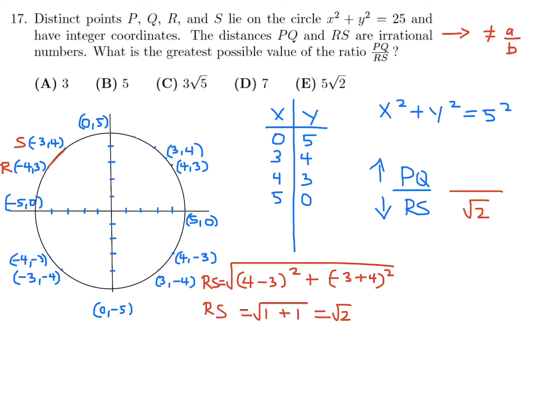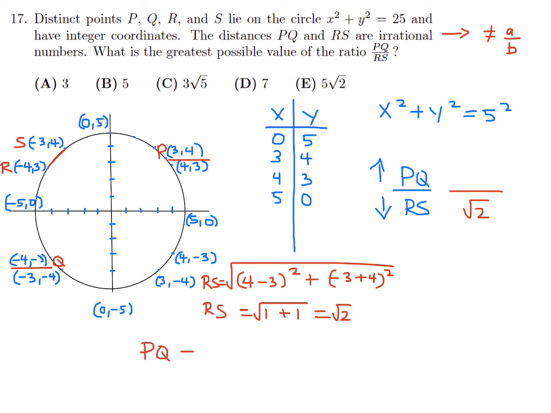After staring at this for a while, we get to the conclusion that if we chose this as P and then this as Q, or anything really, it doesn't have to match, say I chose this as P and then this as Q right here, that would give me the largest value of PQ.